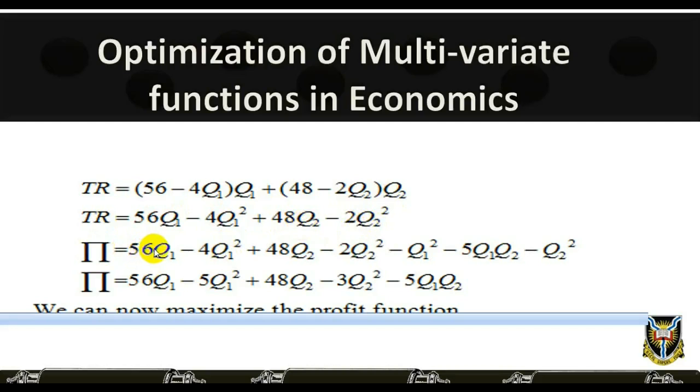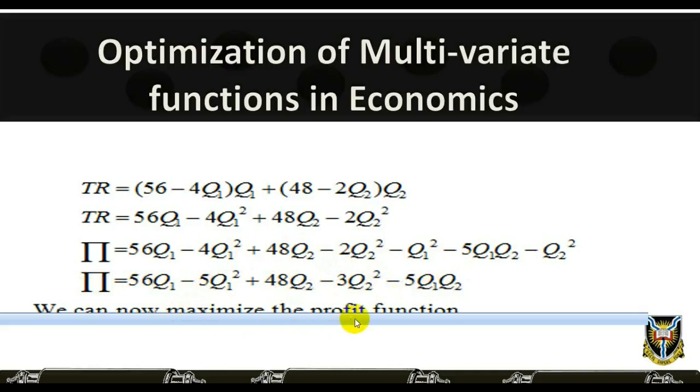Pi equals 56Q1 minus 4Q1 squared plus 48Q2 minus 2Q2 squared minus Q1 squared minus 5Q1 times Q2 minus Q2 squared. Pi equals 56Q1 minus 5Q1 squared plus 48Q2 minus 3Q2 squared minus 5Q1 times Q2.